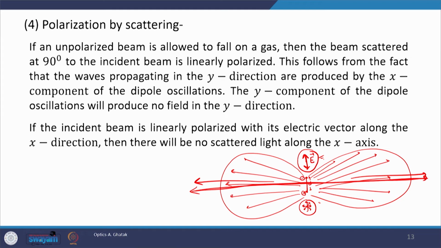Okay. Therefore, the incident beam is scattered at 90 degrees to the incident beam, and this would be linearly polarized.